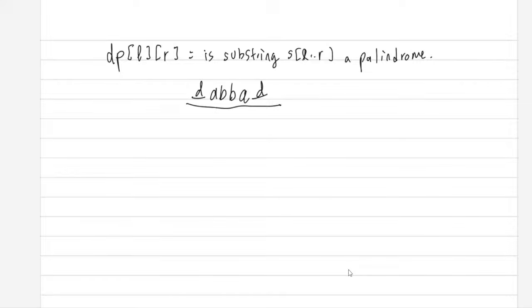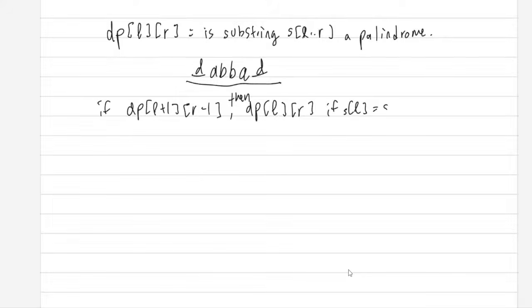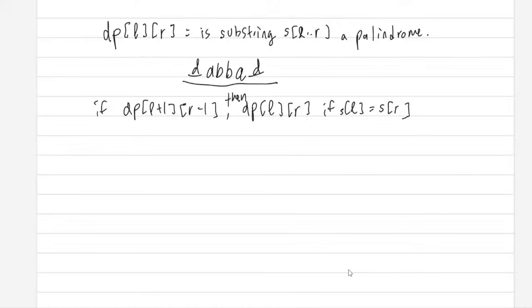So in other words, if dp[l+1][r-1] is a palindrome, then we know dp[l][r] is a palindrome, but only if s[l] equals s[r], because essentially we're just adding two of the same characters before and after the middle part.